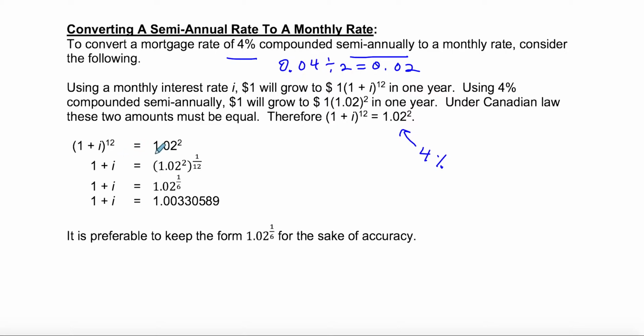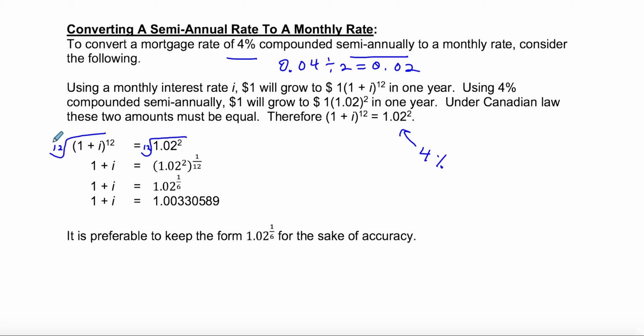On this side, we do 1 plus our I, which is 0.02 if it's 4%, to the exponent 2 because it's semi-annually. If you have an exponent of 12, I can take the 12th root of that side and the 12th root on this side, because whatever you do to one side, you have to do to the other.